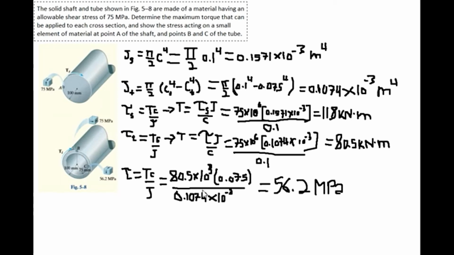We're going to use the lower maximum torque here. We're going to have 80.5 times 10 to the 3 multiplied by 0.075, which is the internal radius, all over 0.1074 times 10 to the negative 3. This results in a shear stress of 56.2 megapascals.